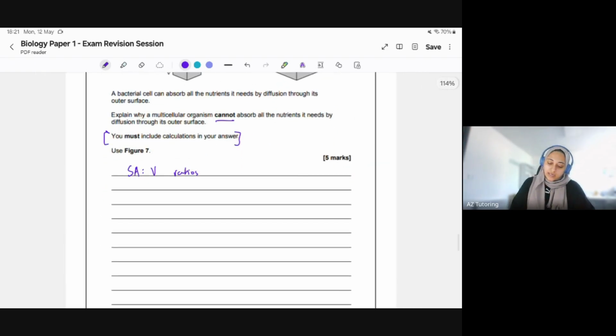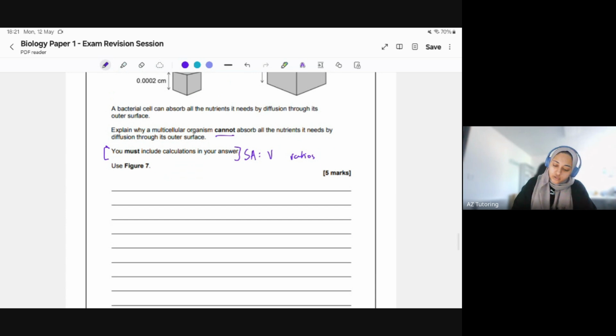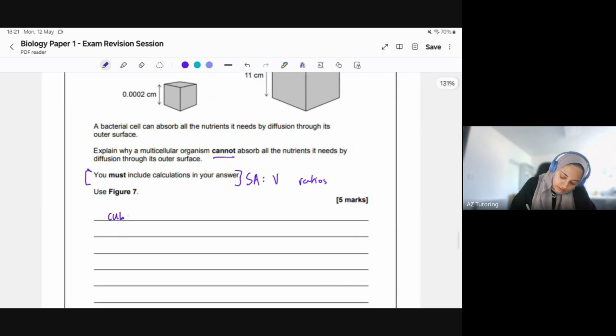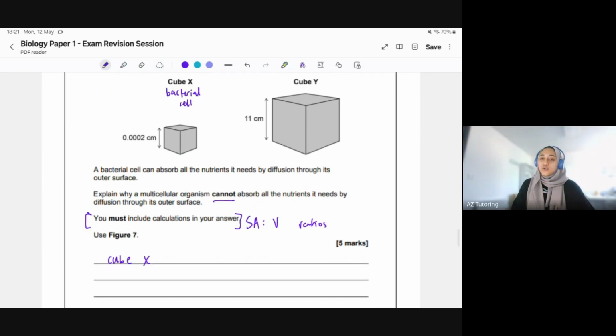Okay, so let's work it out for cube X. So that's what it's referring to. For cube X, remember it's a cube, so all the sides are exactly the same.